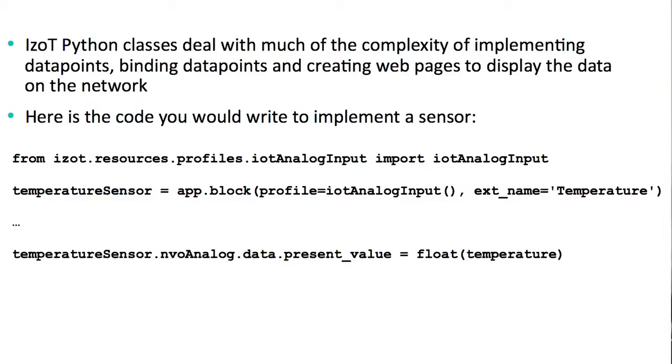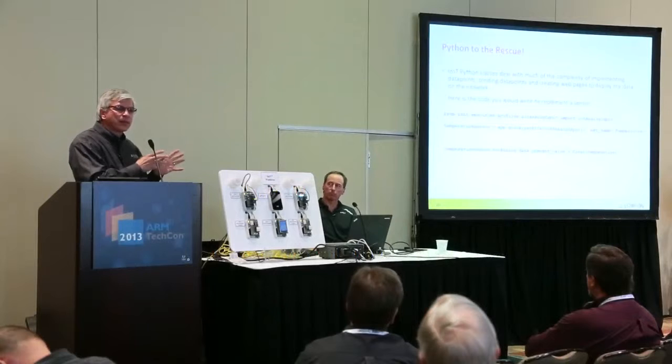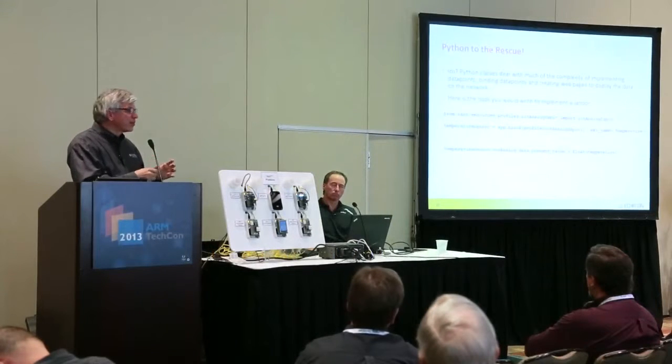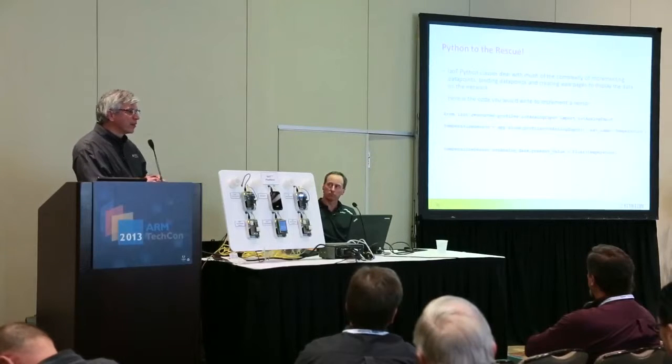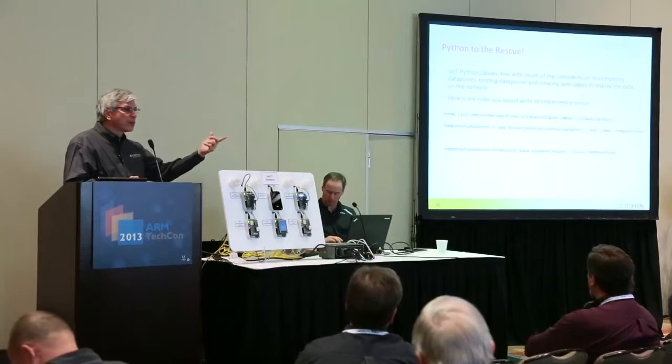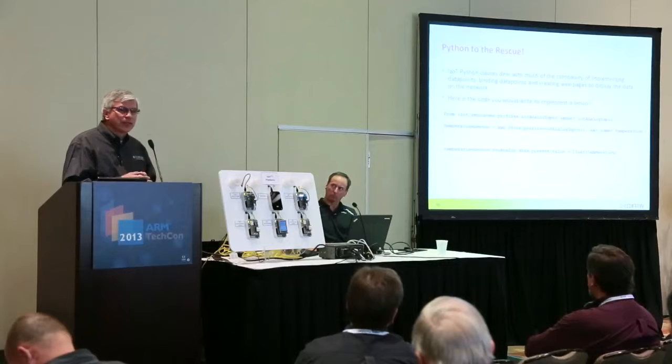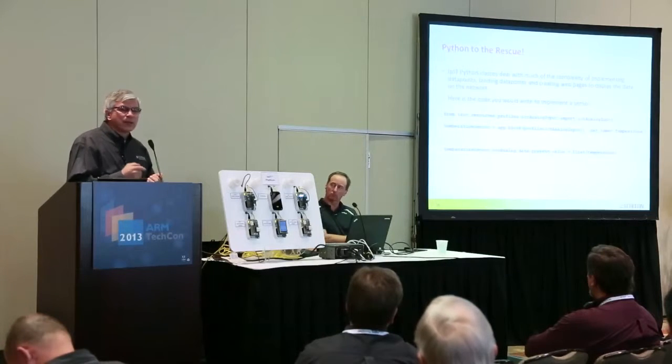Right? And it is a profile. What a profile means is it's a collection of inputs and outputs and configuration information. Right? So the IoT analog input profile defines how a sensor device would report its sensed data. Right? So it's got a simple value output, of course, but it also has lots of configuration information, things like alarm set points.